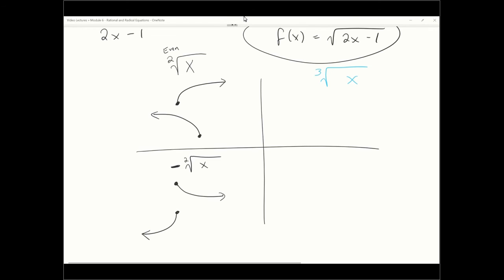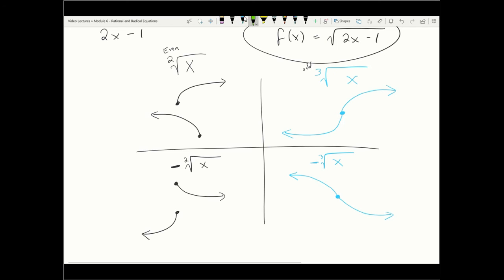For cube root, or really any odd root, just like before, we'd find that vertex, and if it's positive, it combines both of these, because the domain is everything. If we had a negative out front, it would flip it. Instead of growing, it was actually going down and would continue to go down.